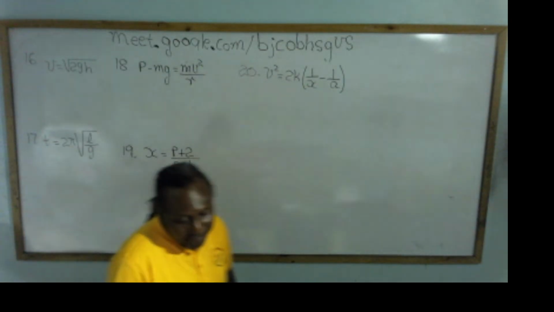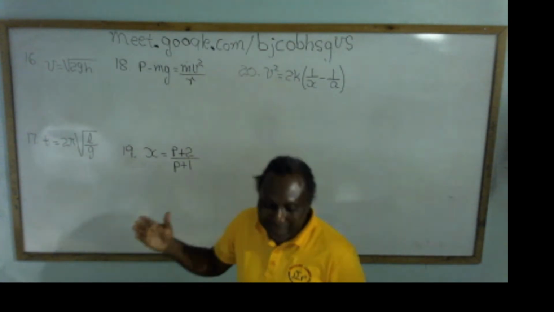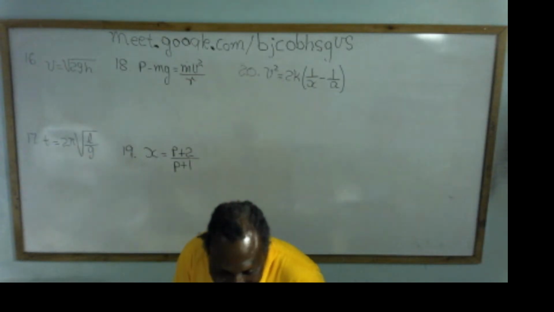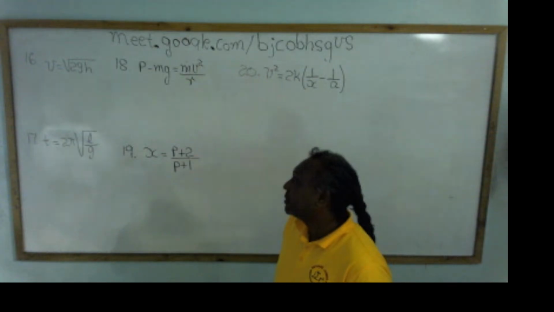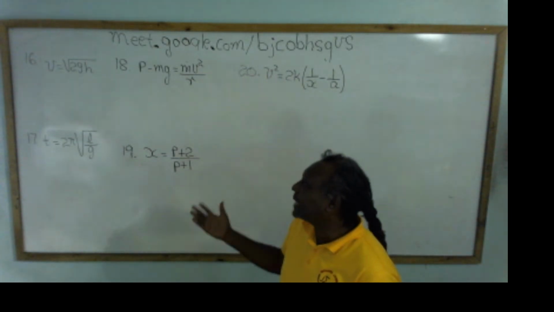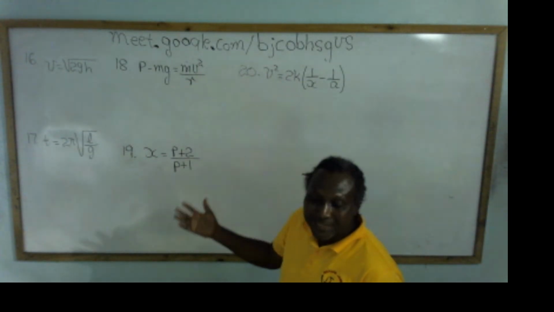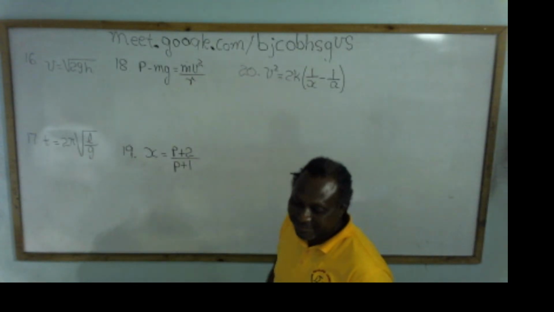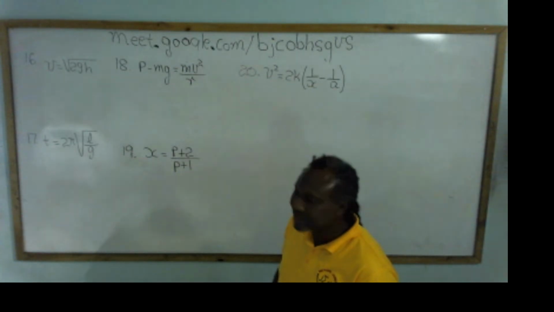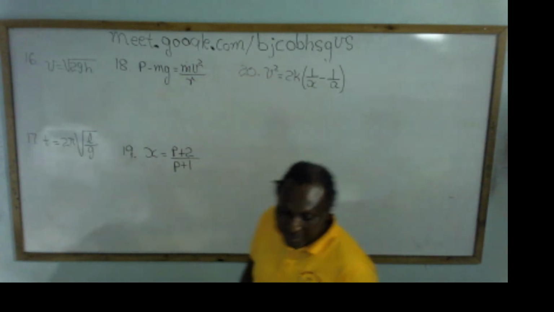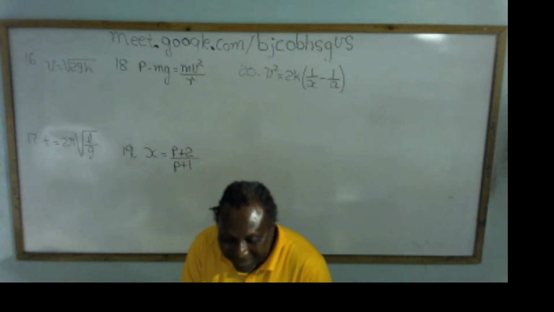All right, so let's go. Someone is saying that we should eliminate the V. How would you eliminate the V if you want to make H the subject of the formula when the V is not on the same side as the H? Yes, the V is not on the same side as the H. The other person is saying that we should eliminate the 2G.